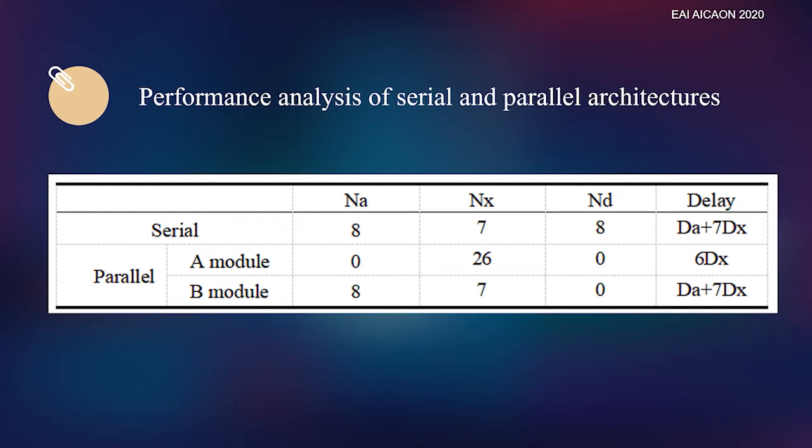In the table, NA is the number of two-input AND gates, DA is the AND gate delay, NX is the number of two-input XOR gates, DX is the XOR gate delay, and ND is the number of flip-flops. The statistics of the hardware resources in the CCSDS dual-basis multiplier don't include the hardware circuit needed to convert LI bases to UI bases.